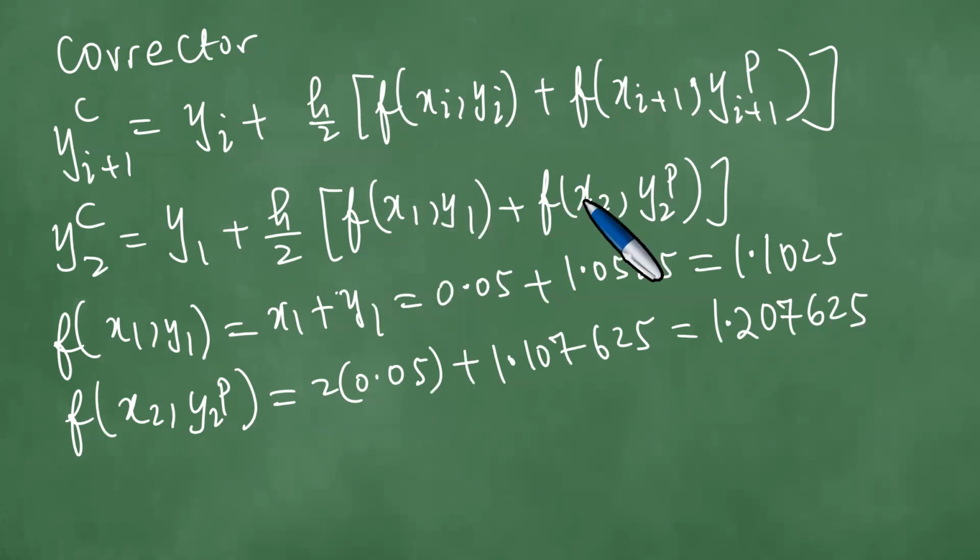We got this, we got that, and we have the y1, which is exactly this one here, and we're good.